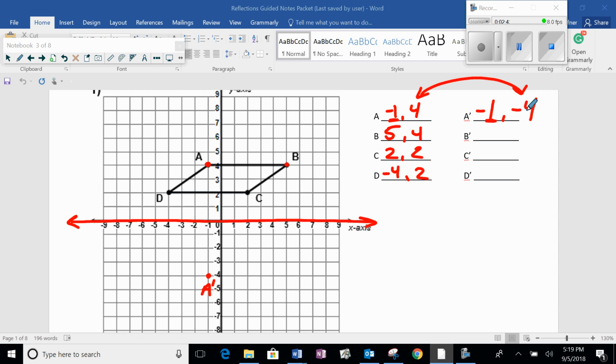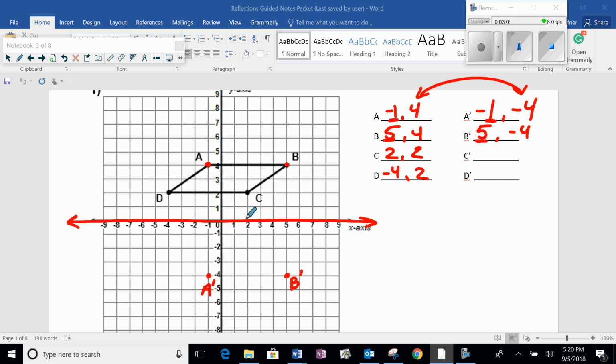So let's see if that happens with B. B is 1, 2, 3, 4 units above the line. So the reflection is going to be 1, 2, 3, 4 units below the line. And if we look at that coordinate point, it's (5, -4). Again, the x coordinate stayed the same, and the y coordinate changed signs.